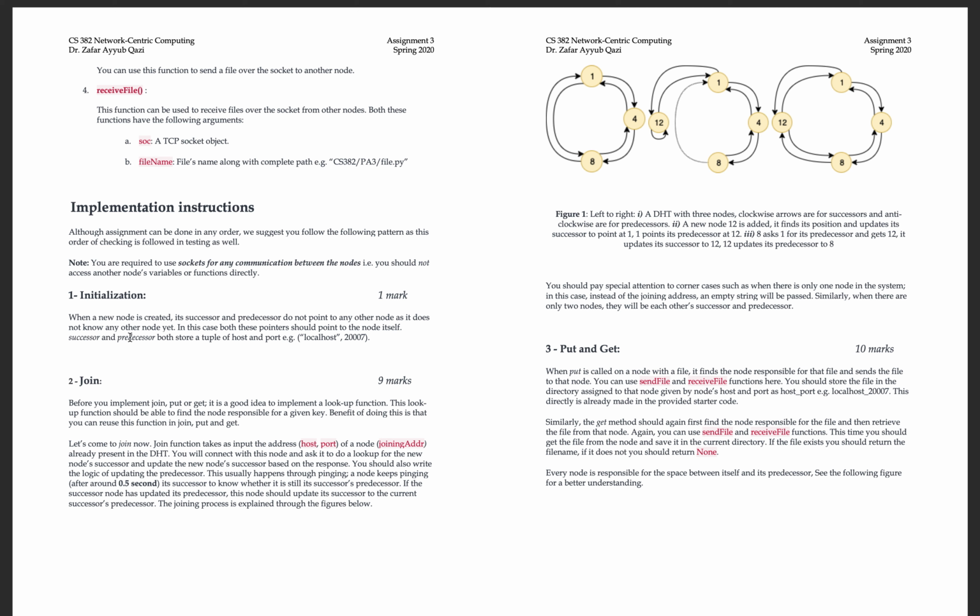So basically what happens in initialization is that these two pointers, successor and predecessor, will point to the node itself, its own host and port. So this is like a freebie for you. Okay, so initialization would be basically setup of a node object, and then we'll call join. When we call the join function, that's when the node will become part of the DHT.